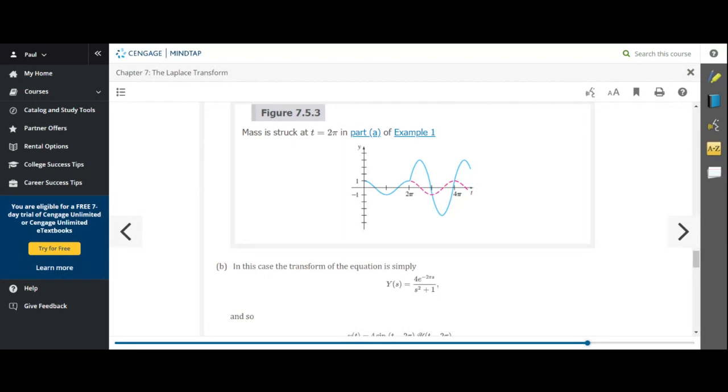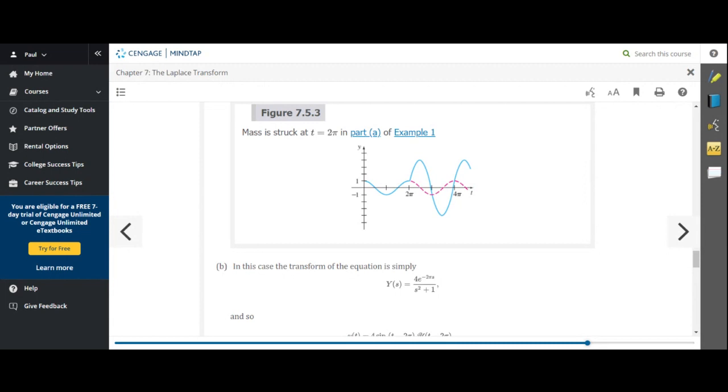And the mass, you can see from 0 to 2 pi, is exhibiting normal harmonic motion, no dampening. But then at t equals 2 pi, there's a strike that occurs to the mass.